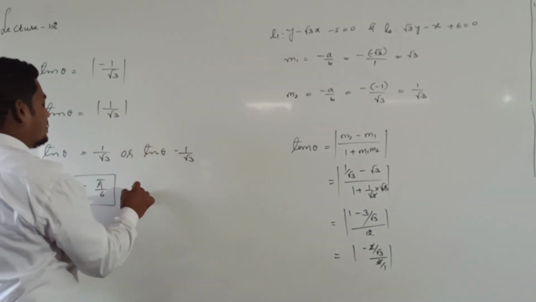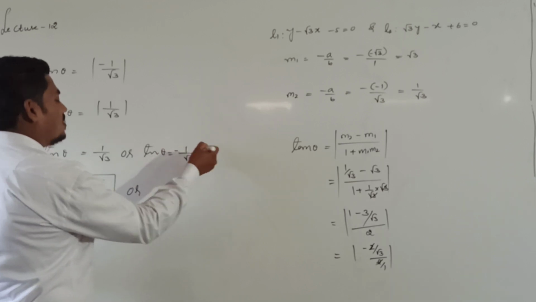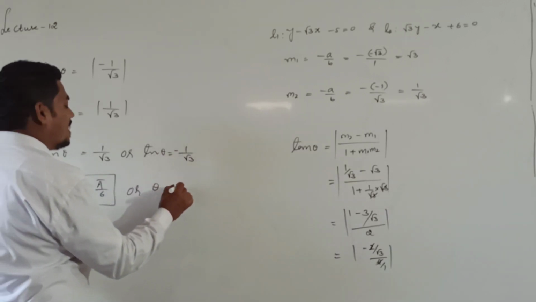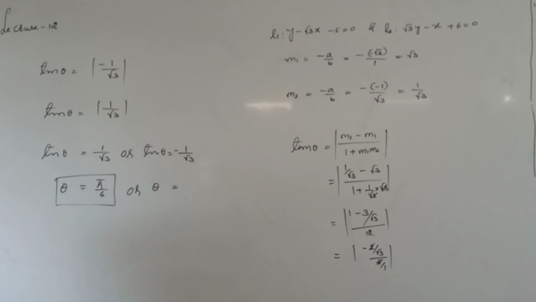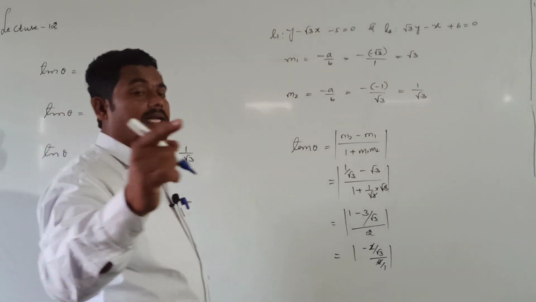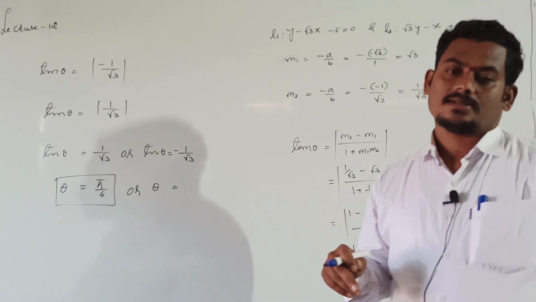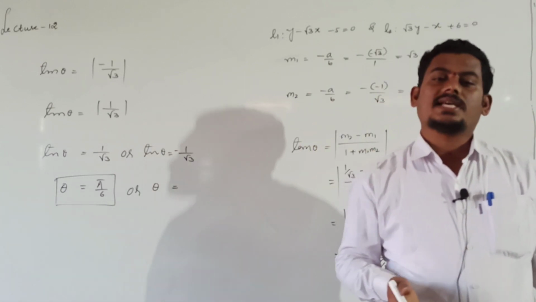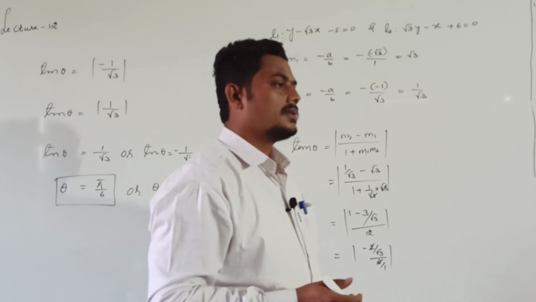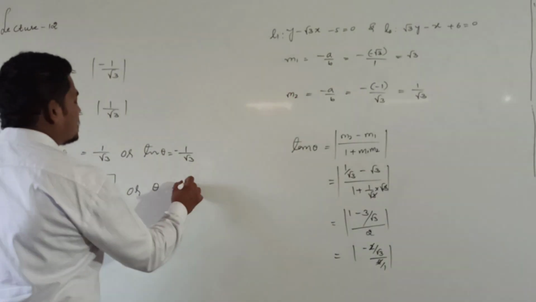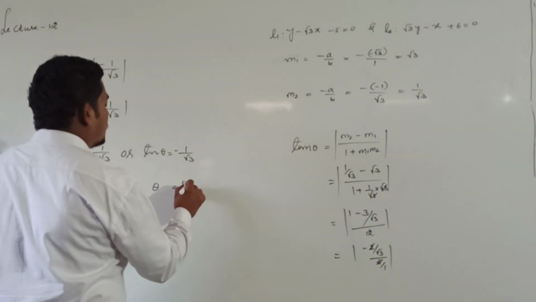When tan theta is equal to minus 1 by root 3, for what value of theta? Clearly theta should be less than 180 because the angle between two lines can never be more than 180, so it is 5 pi by 6.